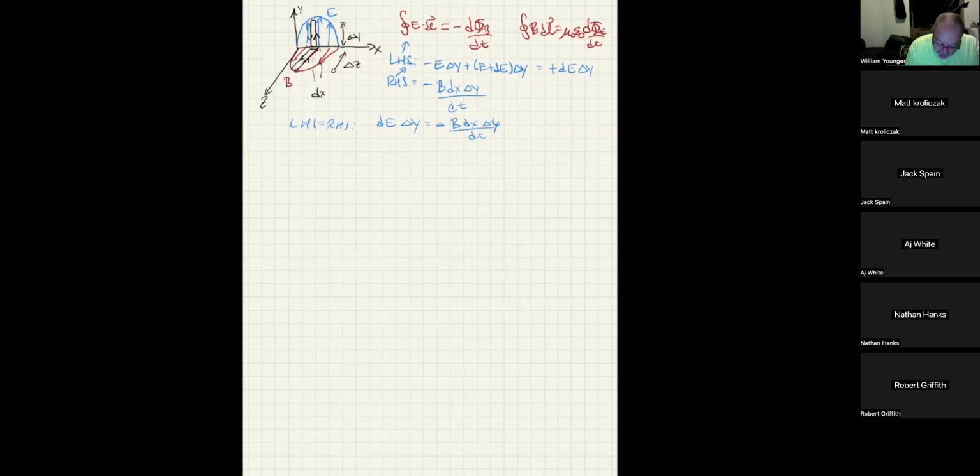So what this does is I can cancel out the delta Y's, and going back to blue, I end up getting dE over dx is equal to negative dB over dt.